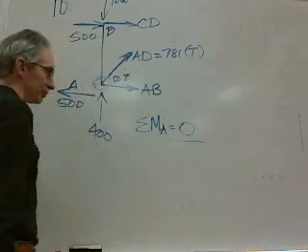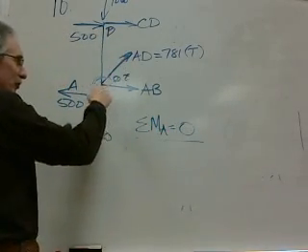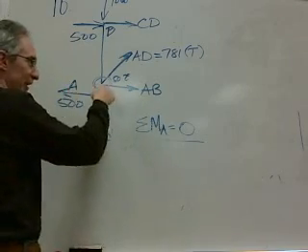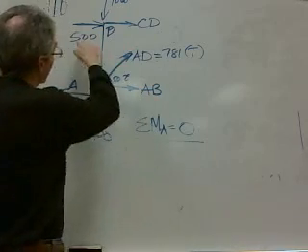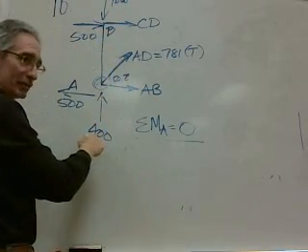Summing moments about A, you also lose the reactions that occur at A. You lose AB, you lose AD, you lose the 1,000 pounds that comes down.